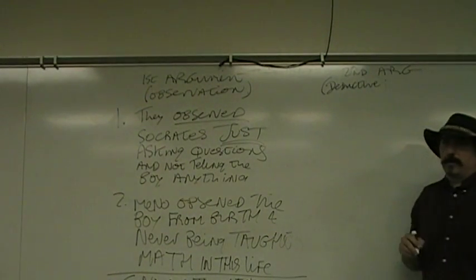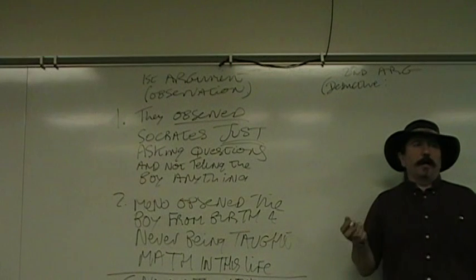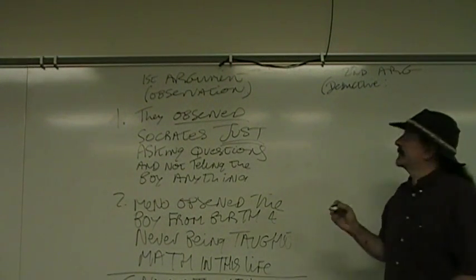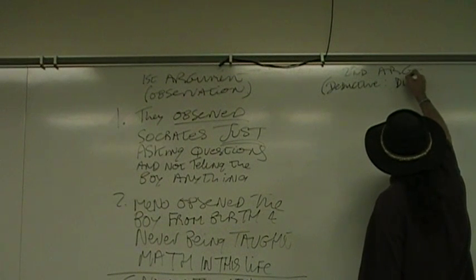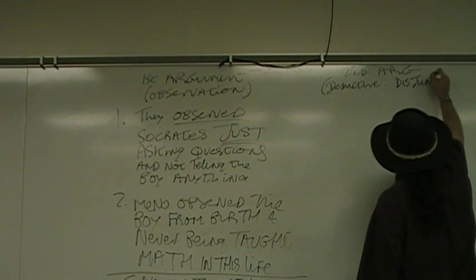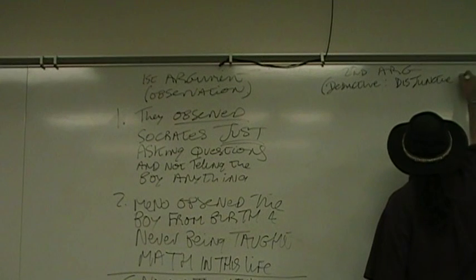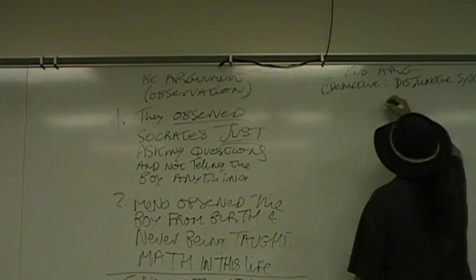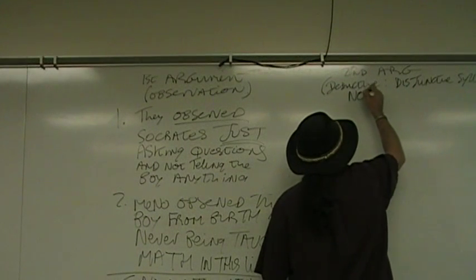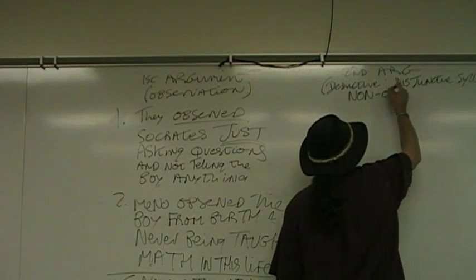The second argument is what you call a deductive argument, and that won't be on the test, but it's a different kind of logic. Disjunctive syllogism, and the important thing is it's non-observational.